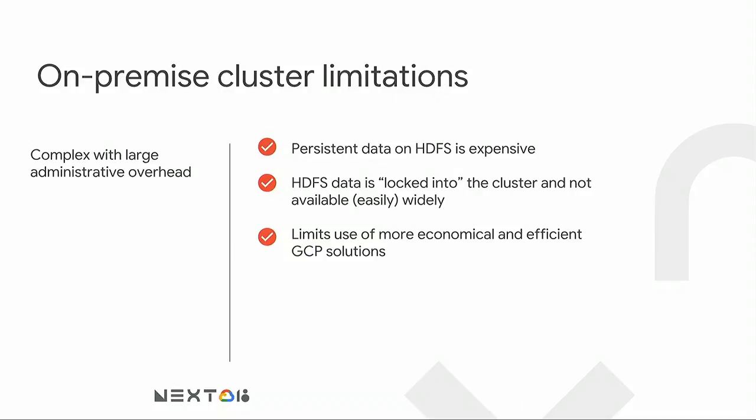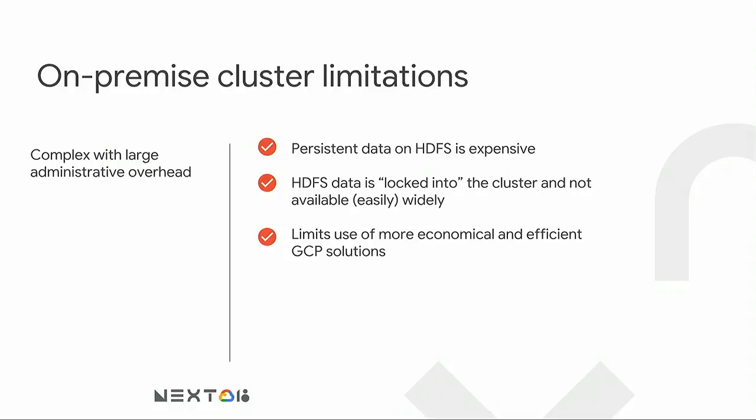The key characteristic which creates a lot of problems with on-premise clusters is the fact that they are persistent and they're shared. And we just talked about data being locked in HDFS, and we need to figure out a way to unlock that. So that's one limitation.